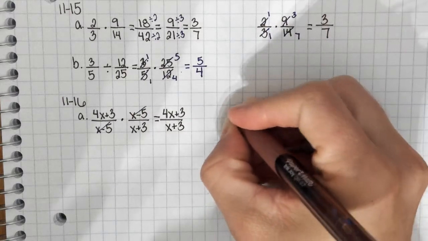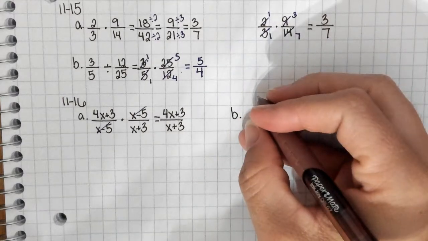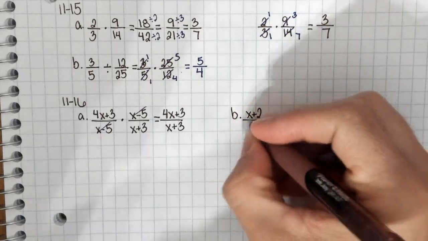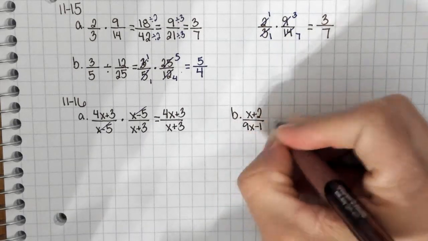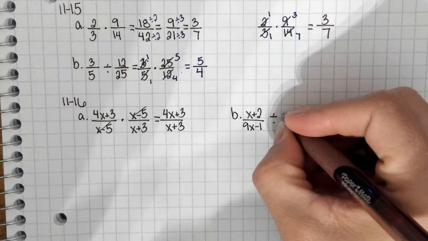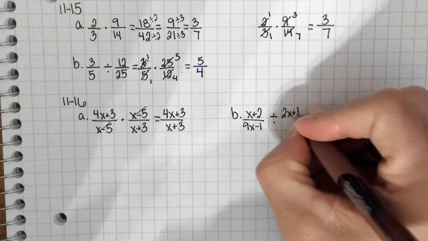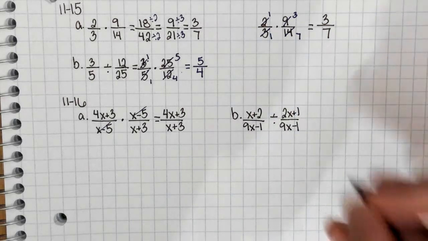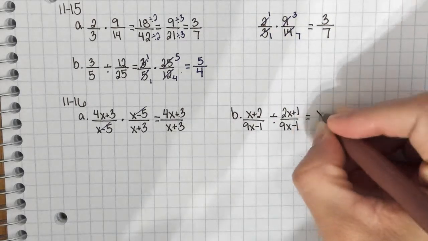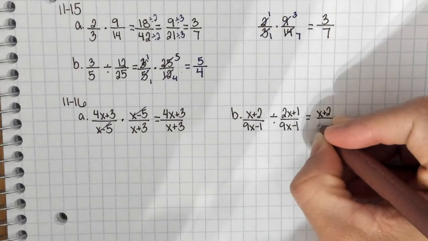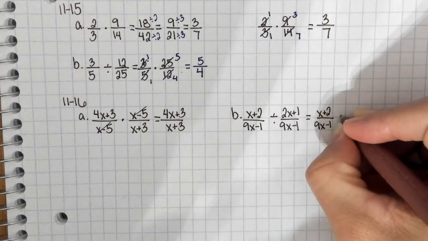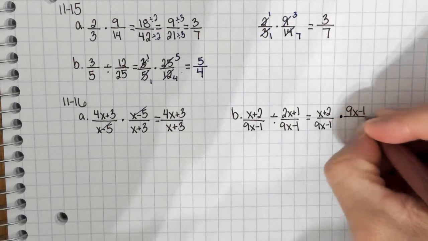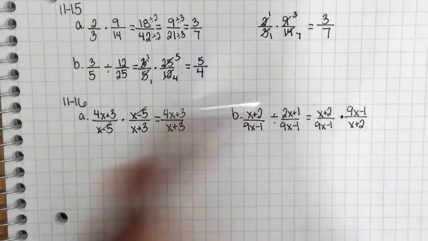All right, part B is x plus 2 over 9x minus 1 divided by 2x plus 1 over 9x minus 1. Remember, to divide fractions, the first one stays the same, and then this becomes multiplication, and you flip the second fraction over.